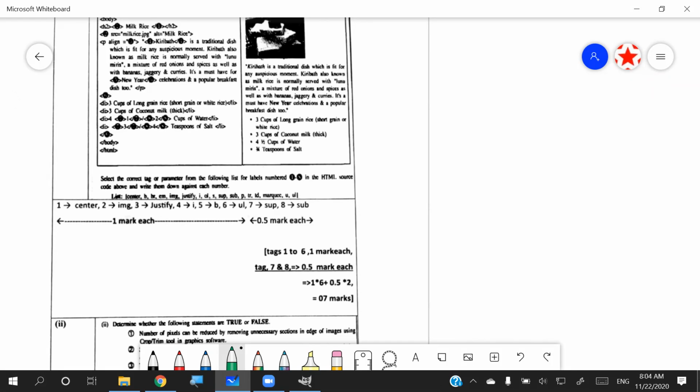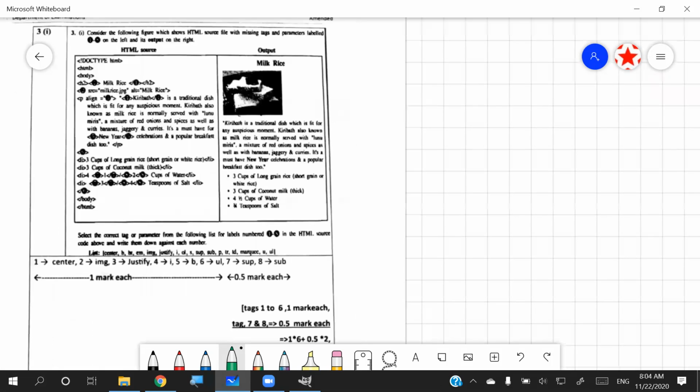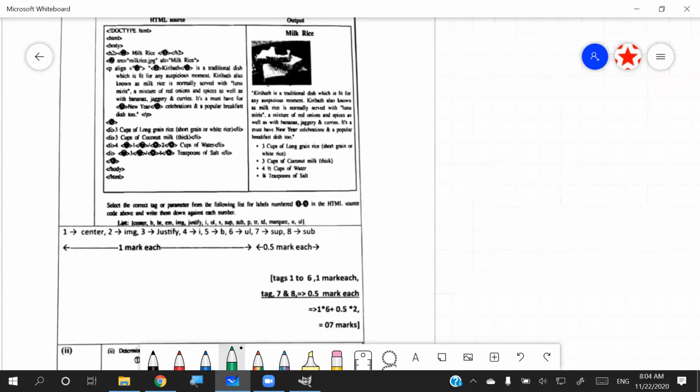So 1 is center, because your milk rice heading is center aligned, and second one is IMG, that is how the picture is placed on the web page. And third one is justify, that is why the alignment of the paragraph, both alignments are set. So that is the justify one.